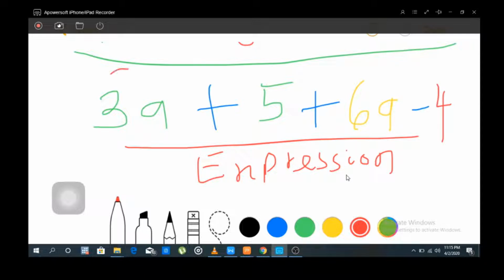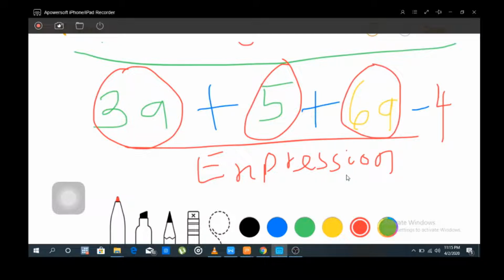And each individual number or combination of both separated by signs of operation. So this is a sign of operation here. This sign of operation is separating 3a from 5.